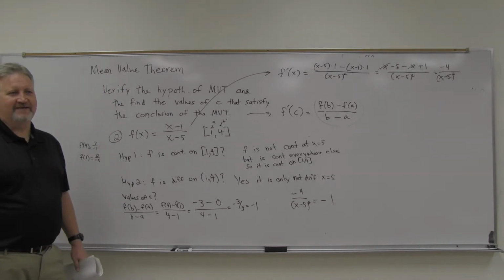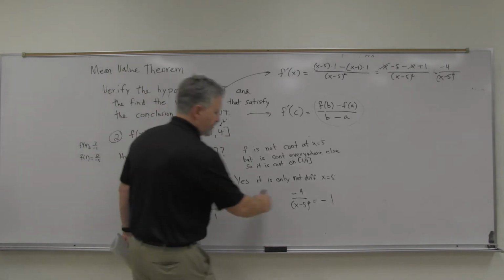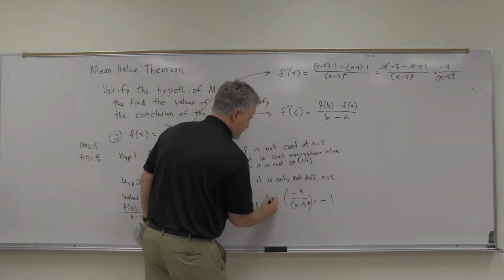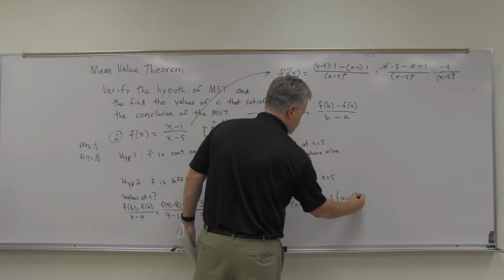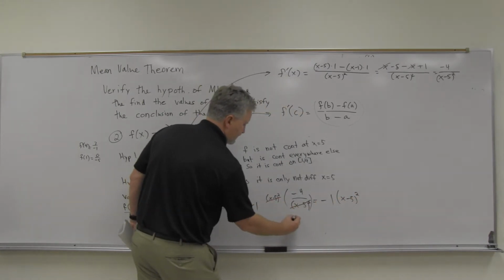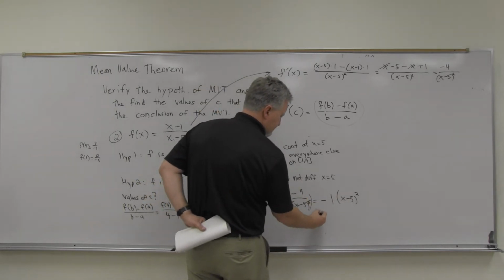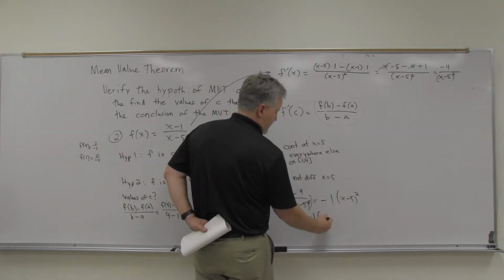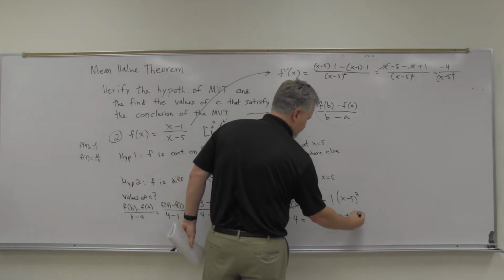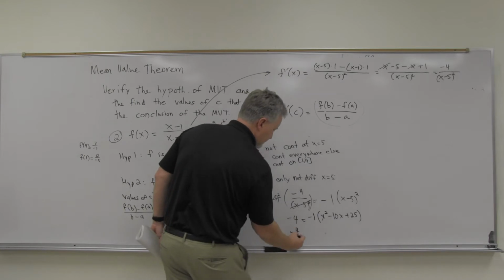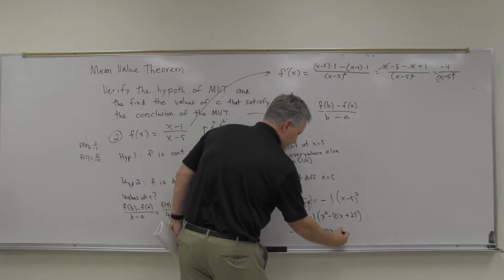A little more complicated equation. Multiply both sides by x minus 5 squared, one way to go. Clear that out. So you get negative 4 equals negative 1 times, squaring that out, x squared minus 10x plus 25. And so you've got negative 4 equals negative x squared plus 10x minus 25.